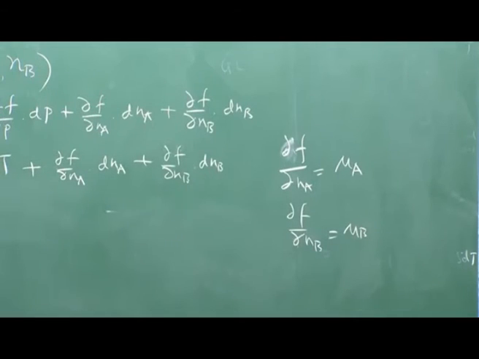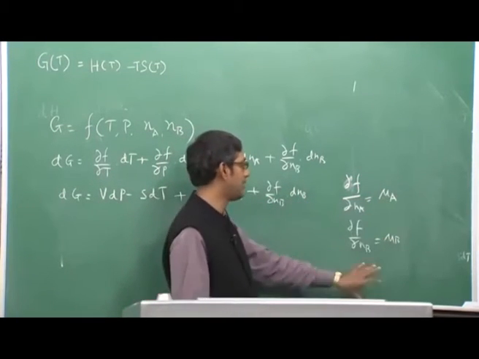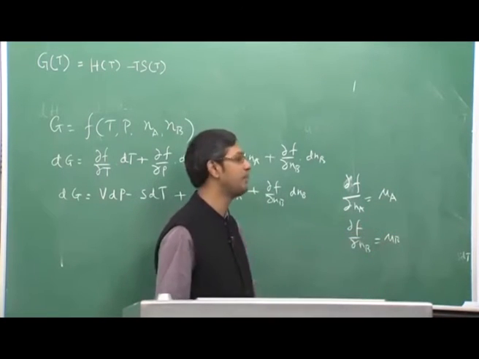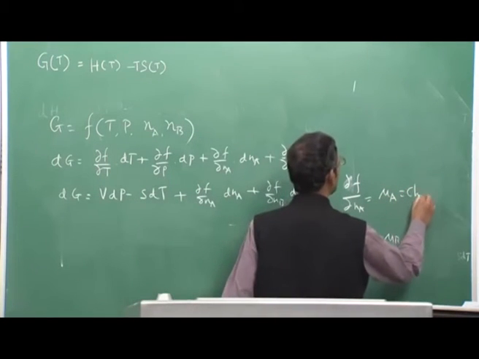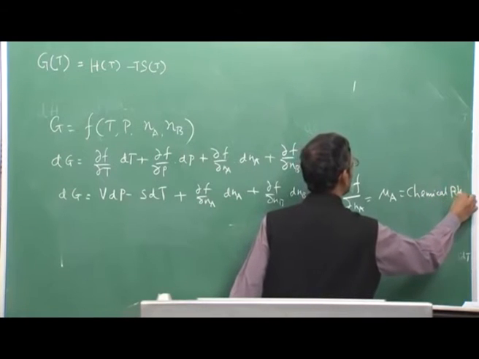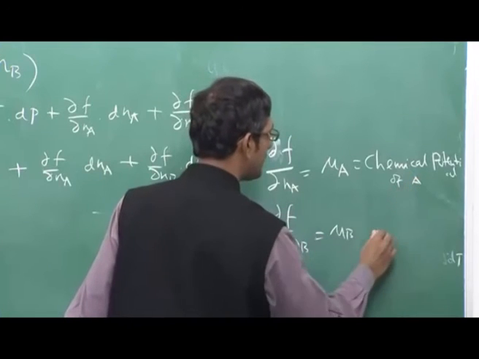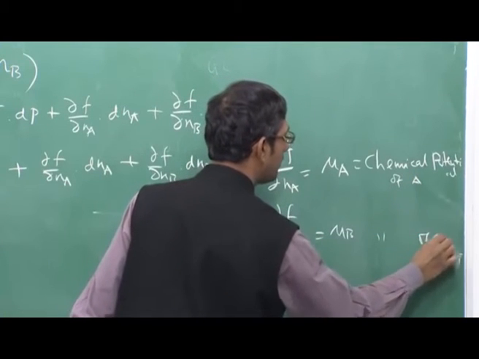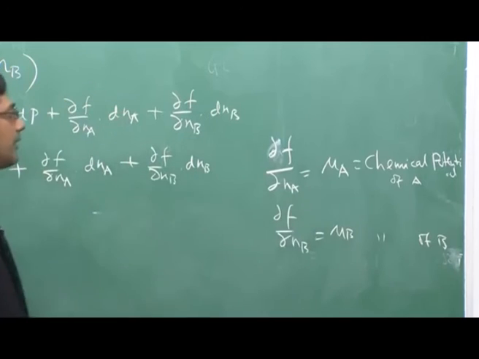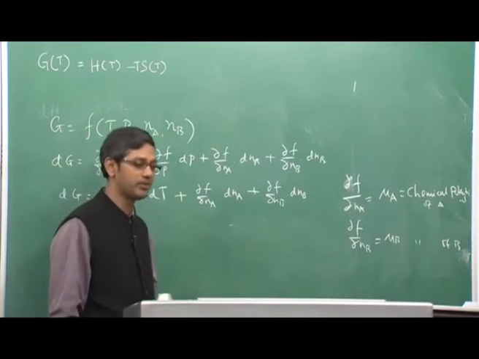So this quantity defines the chemical potential of A, and this quantity defines the chemical potential of B. You can define these terms this way. Now what is the meaning of chemical potential?